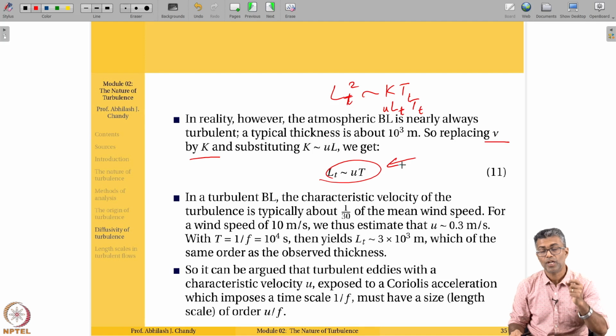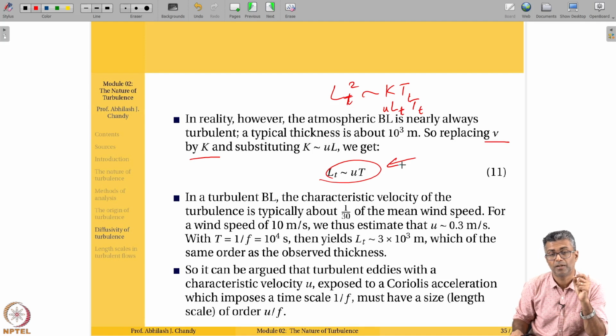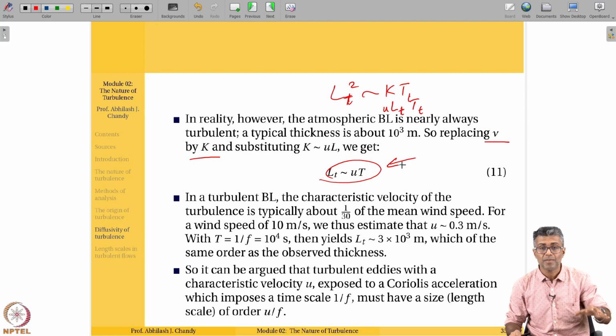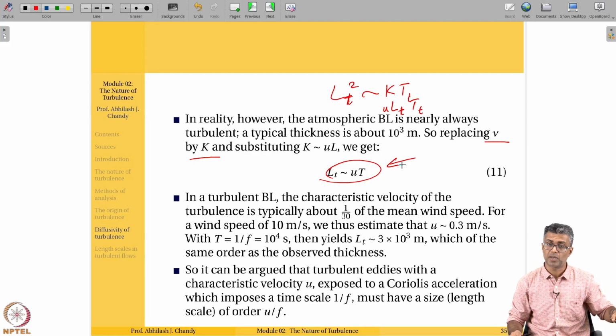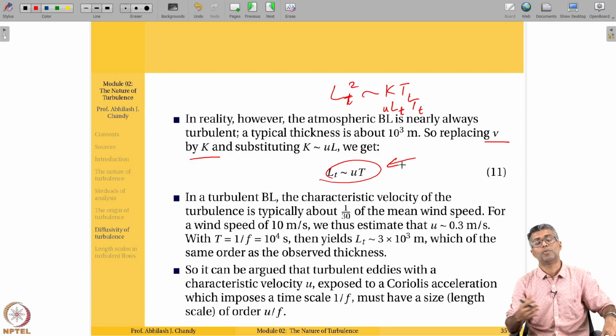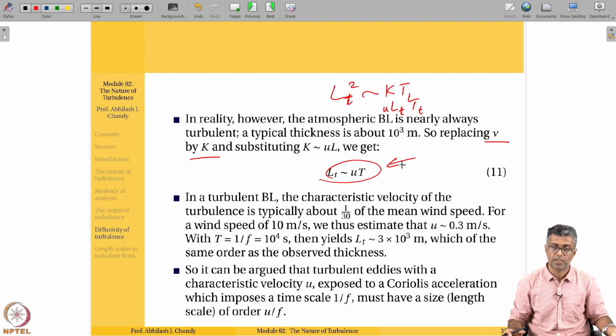Alright, now in order to estimate the turbulent length scale here, we will need a characteristic velocity scale. That was the same situation which we had in the room case, the imposed length scale problem. Except there, we knew the length scale, we had to estimate the time scale. Here we know the time scale, we have to estimate the length scale.